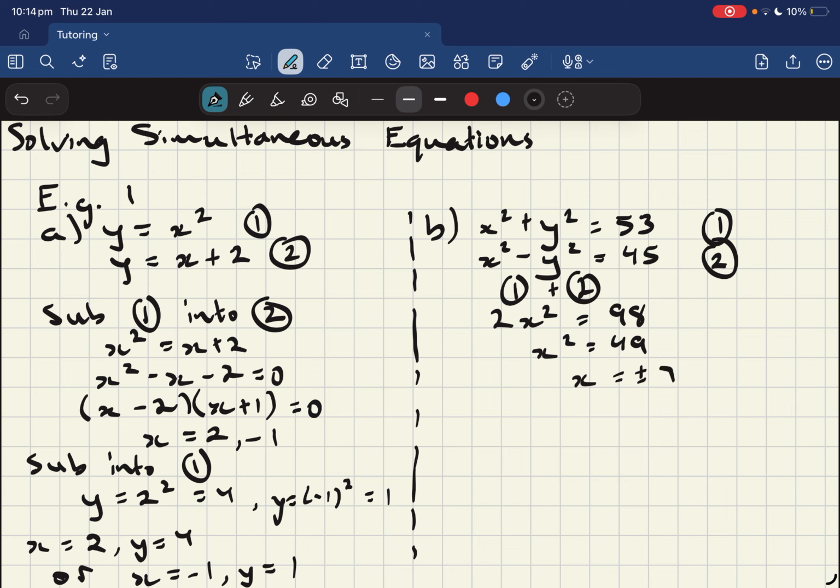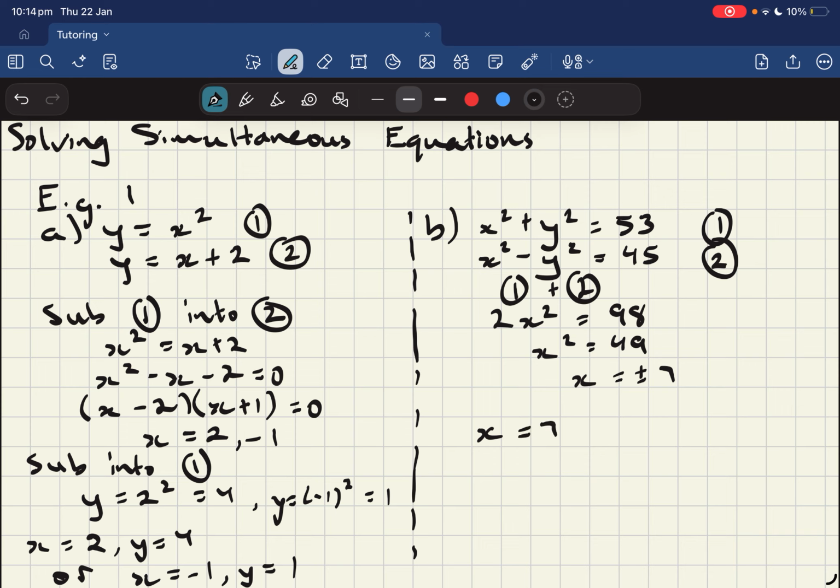Now I can substitute either of these back in. So I'm going to substitute +7 or -7 into one of these. Now, the rest is just substituting in and basically computation. So you can pause the video and practice subbing it back in because we have done this a lot previously. I'm going to go straight into the answers because there's a decent amount to get through.